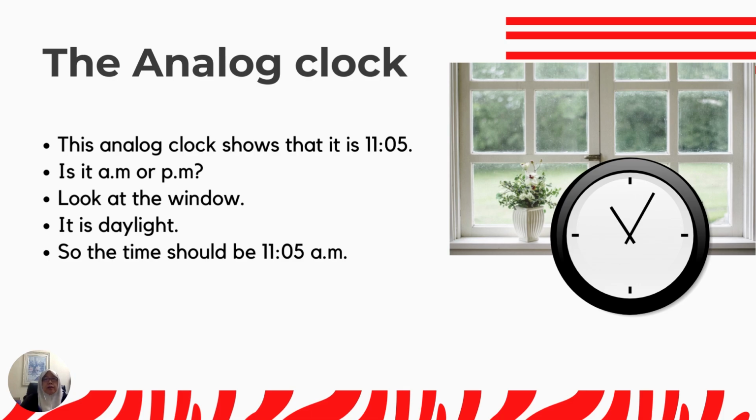It's still in the morning because it hasn't gotten to 12 noon yet. Anything that is below 12 noon is still AM, which means it's morning. After 12, it is not nighttime yet, but it is already PM.